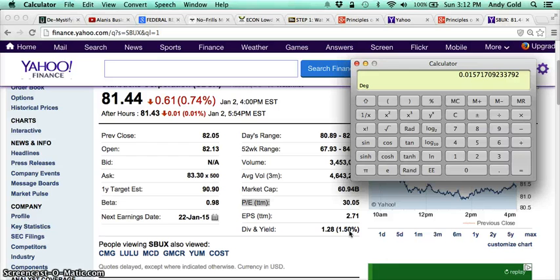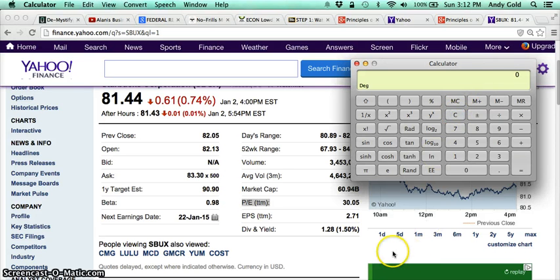The dividend yield will change throughout the day as the stock price changes. So for example, if all of a sudden Starbucks stock next week went from $81 down to $70, well, the dividend yield would go up. How do we know that?